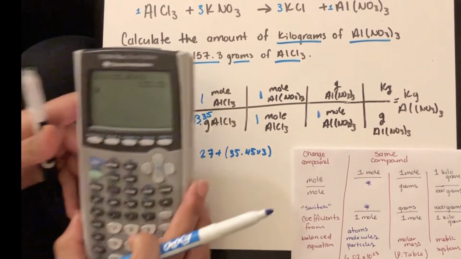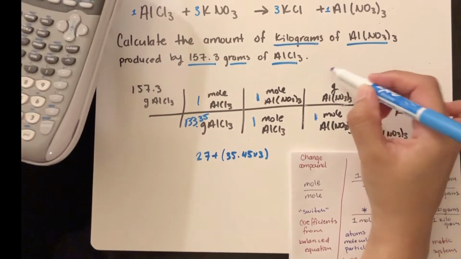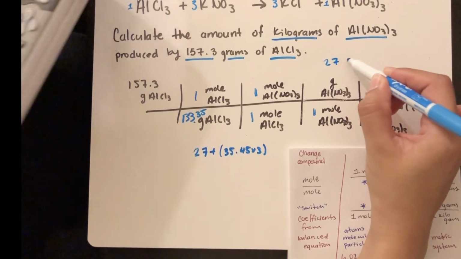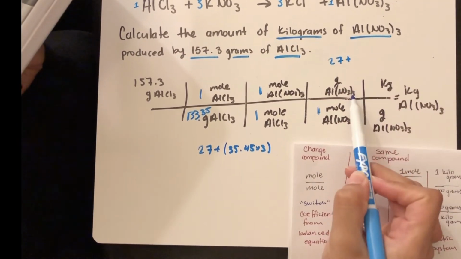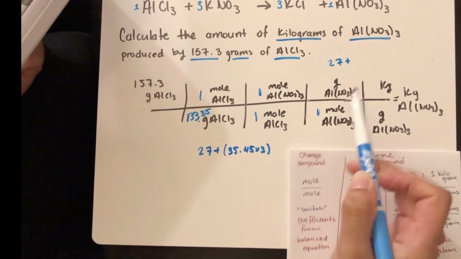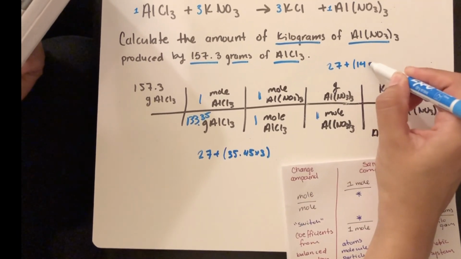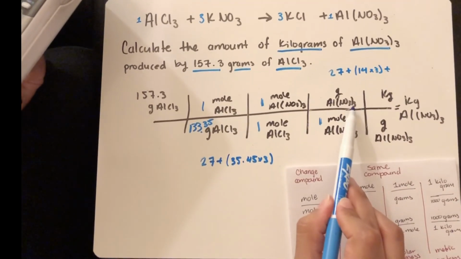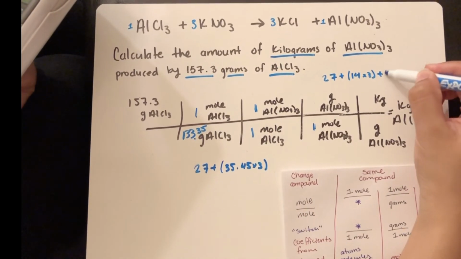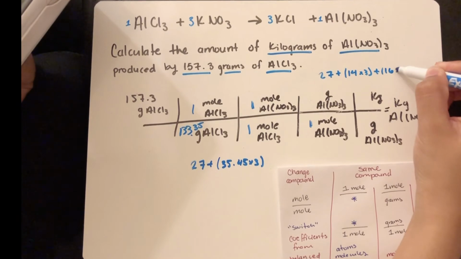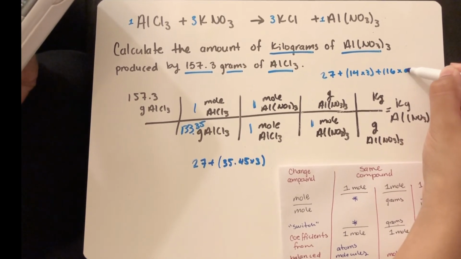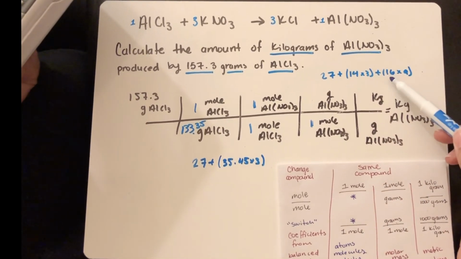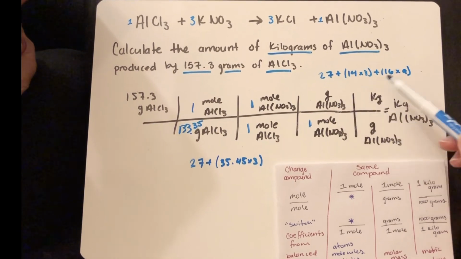So we're going to have aluminum, which is 27. And we're going to have a total of, and remember we distribute, 3 nitrogens, and each nitrogen is 14. So I'm going to multiply that out. I'm going to add that to a total of 9 oxygens. So we're going to have 16 times 9, 16 because the mass of oxygen is 16.